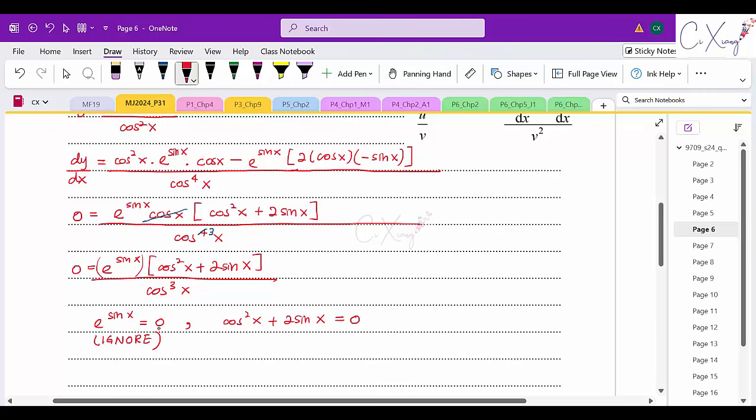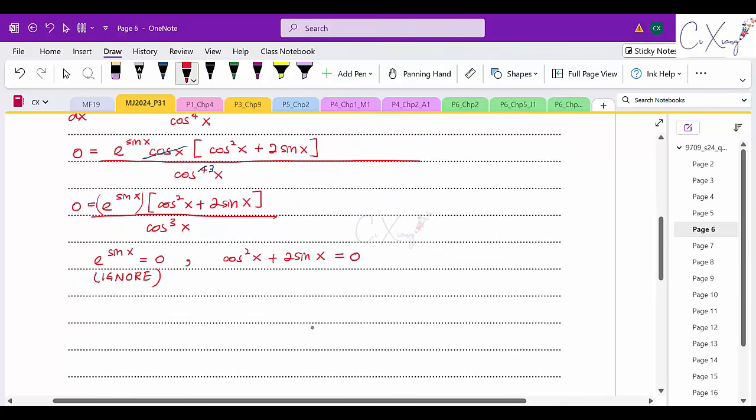Okay, then of course we have to continue to solve the second equation here. So when you're having an equation with trigo, cos and sine, it will be easier for us to simplify them if you can group everything become sine or everything become cos. So as an example here, I'm having cos square and sine. So I think it will be easier if I make it become 1 minus sine square, then plus 2 sine x equals to 0.